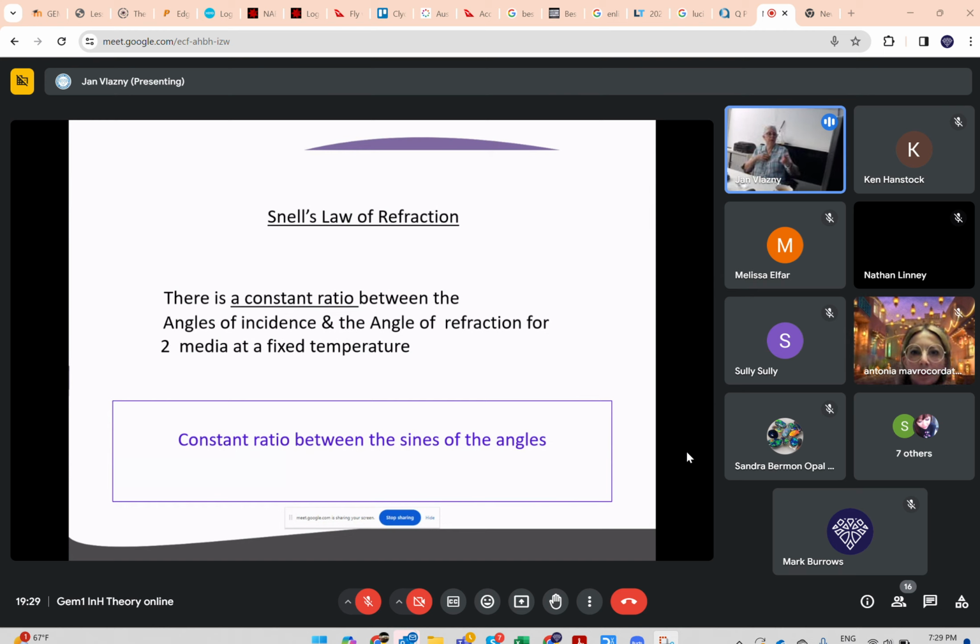So I should write that in there because it's a constant ratio, which is the sine of the angle of incidence and the sine of the angle of refraction for two media, like air and diamond, for a particular wavelength. Because as I said, if I use red light, it's a big slow wave, it will bend differently than the tiny little violet wavelength. Red bends a little bit, the violet end bends a lot.